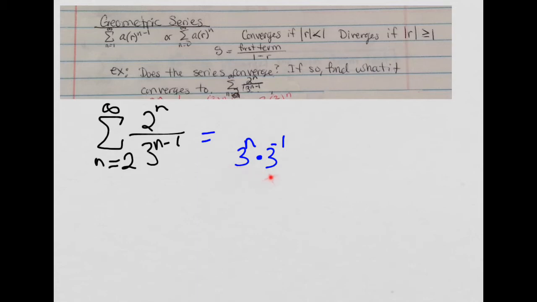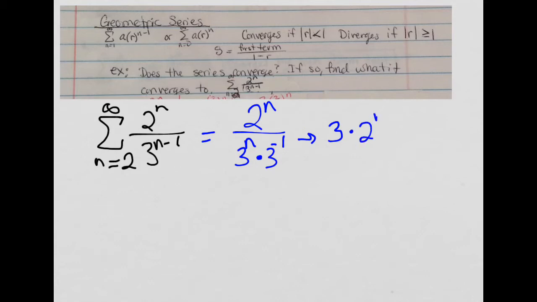Remember, when you multiply the same base, you add their exponents. So 3 to the n times 3 to the negative 1 would be 3 to the n plus negative 1. And that's still divided by 2 to the n, or 2 to the n is still on top. We can rewrite that further by taking the 3 to the negative 1 and making it 3 to the first on top.